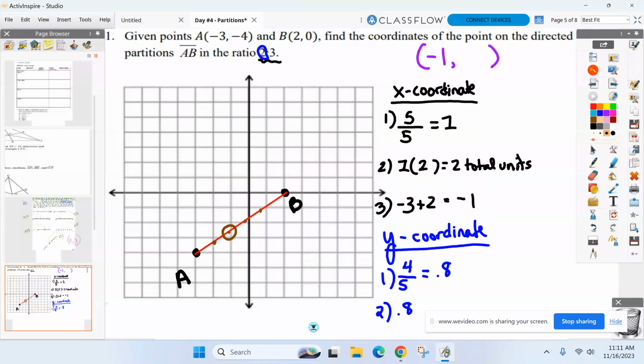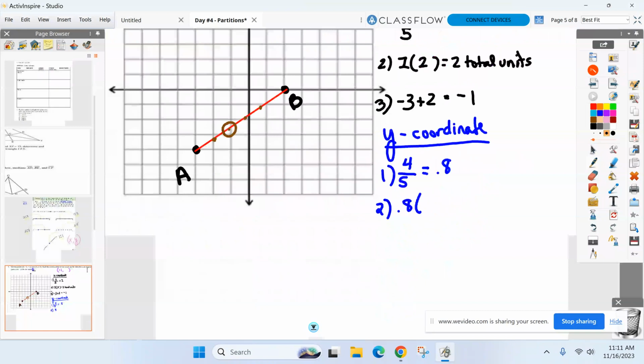The 3 is for if I went from B to A. I always go the same amount on the x and the y. I'm always going A to B. So I'm still going 0.8 units 2 times, just like I was on the x-axis. I got to go twice. So now I'm going a total of 1.6 units.